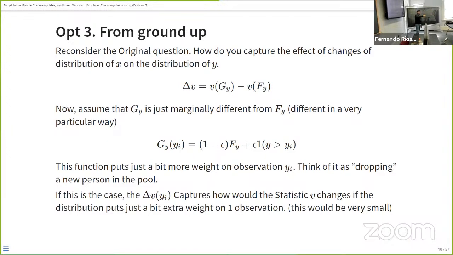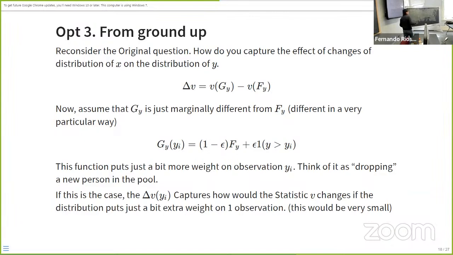Because I introduce a new person, the distribution is going to change marginally, but it's going to change. How is it going to change? 99% of the data will still be distributed as F of Y, because nothing has changed for them. But for 1% of the data, there is going to be a change because your cumulative distribution for that particular person is just a jump.